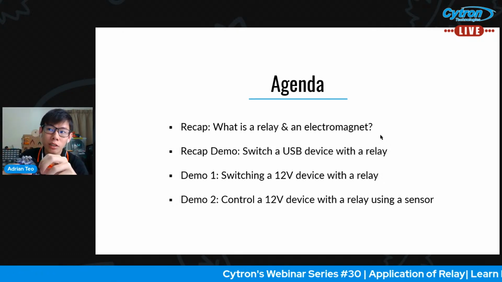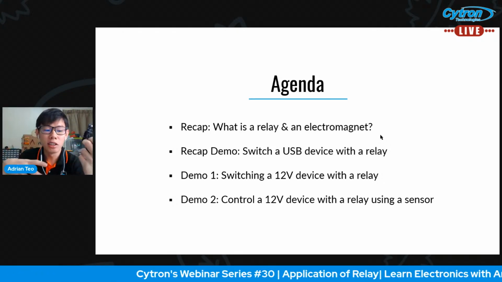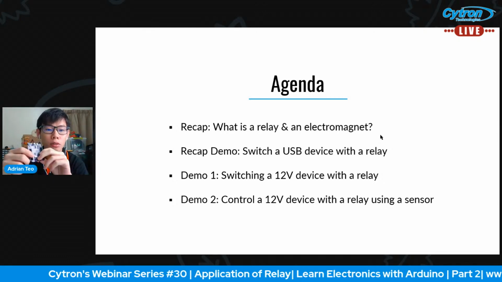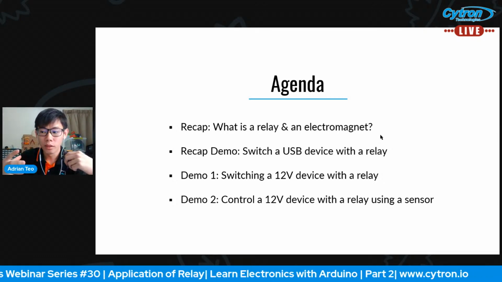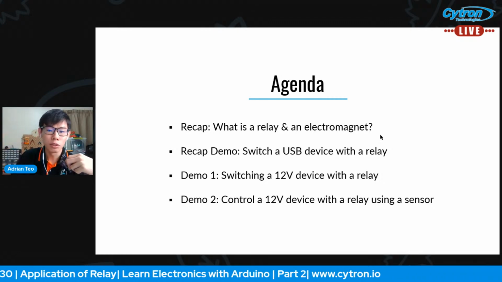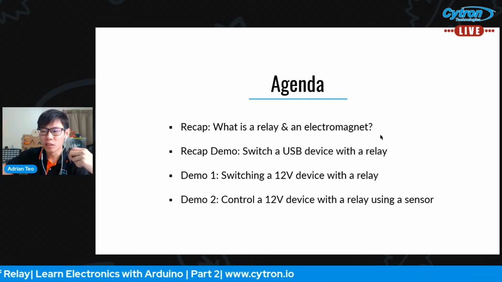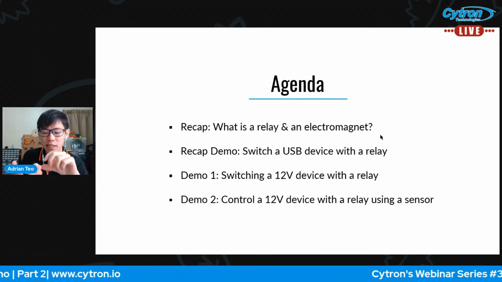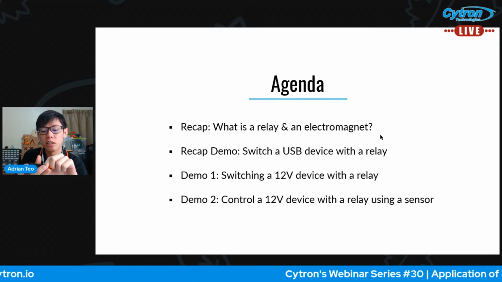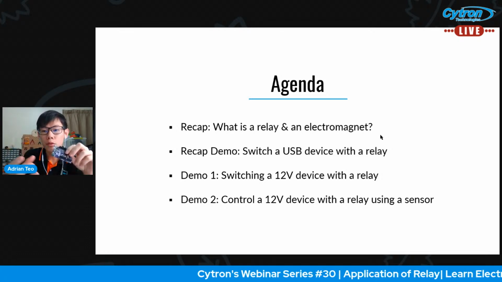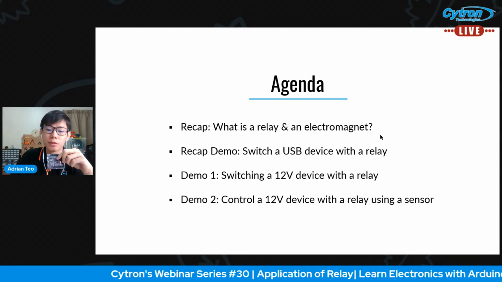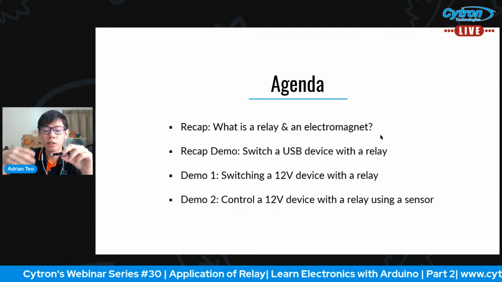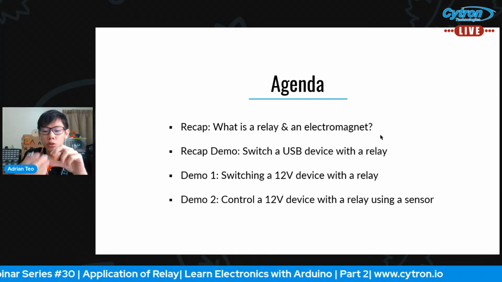So you feel like you are limited to just 5 volt and 3.3 volt, and you are not allowed to buy components that support higher voltages, 12 volt, 20 volt, or above. That's not the case actually. With a relay, you can use components with a higher voltage rating, 12 volts or even higher. I'm going to show you how you can do that.